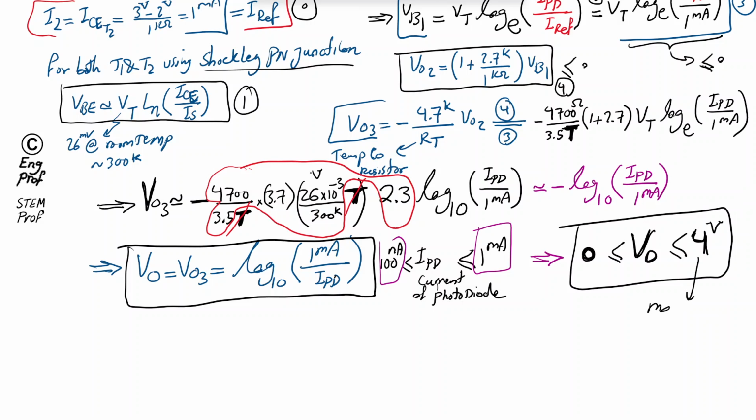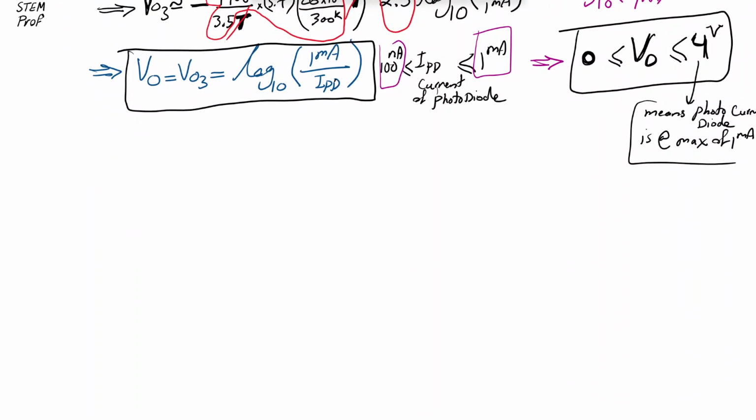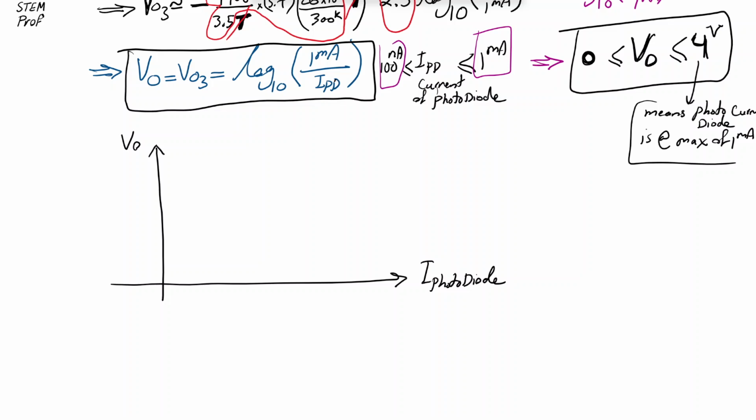So if we get 4 volt, it means the photodiode current is at max value of 1 milliamp. It means maximum intensity. And because it's a log scale, effectively what we are seeing is, if I just sketch the output voltage of this circuit as a function of IPD, the current of the avalanche photodiode, then it looks exactly like a log scale.